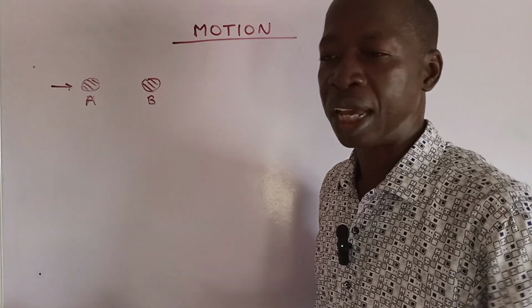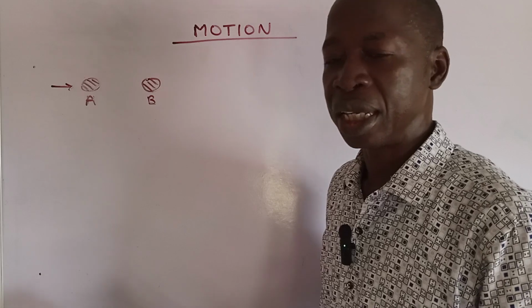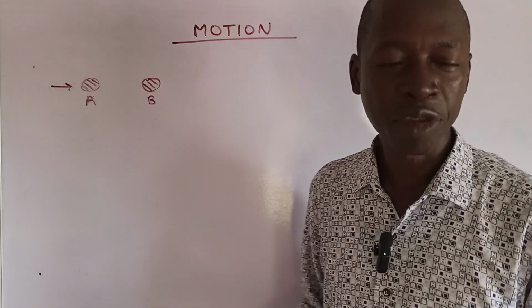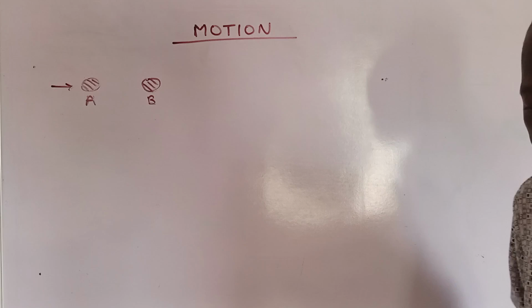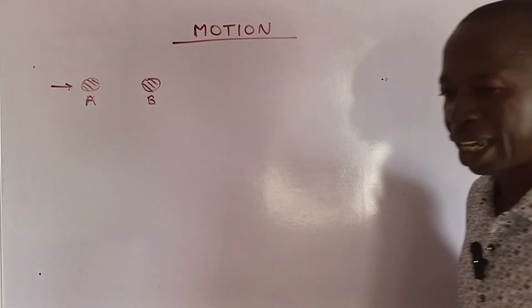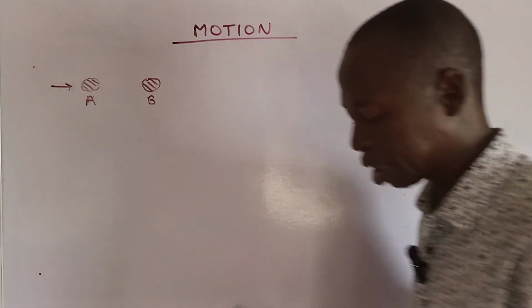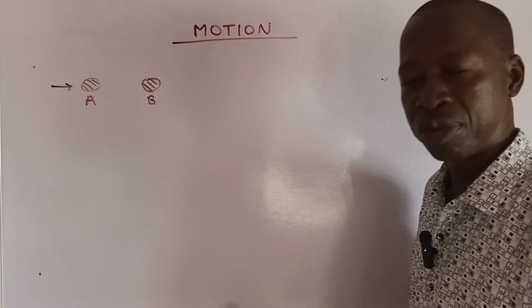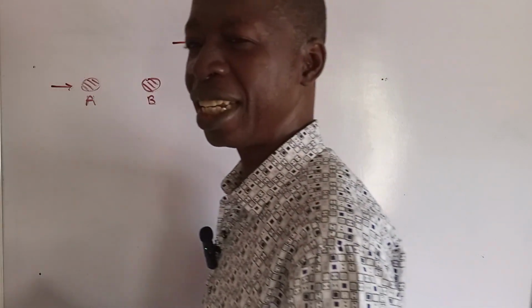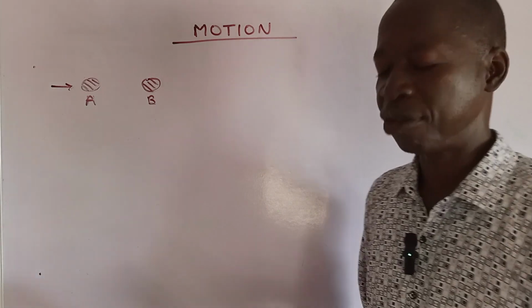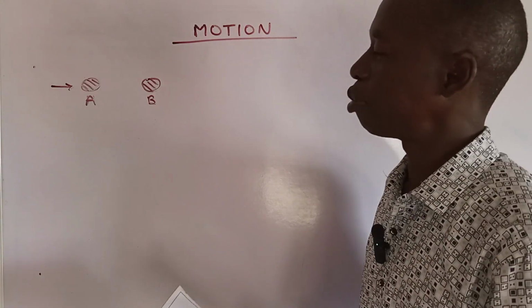Likewise, a train along a straight track is undergoing linear motion. And then myself, if I move from one position to the next in such a way that my movement is straight, what am I undergoing? Linear motion. So linear motion is motion that follows a straight path.